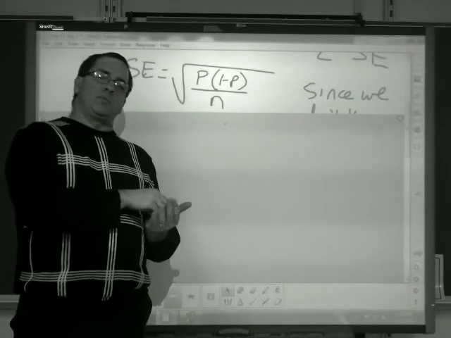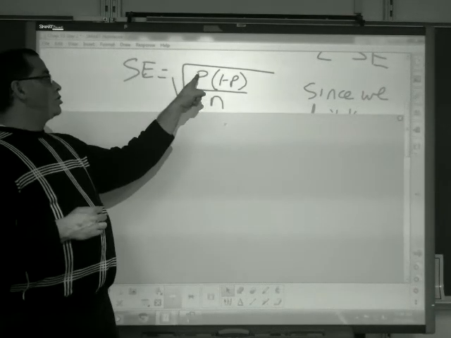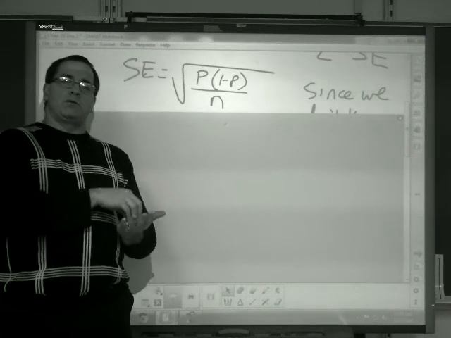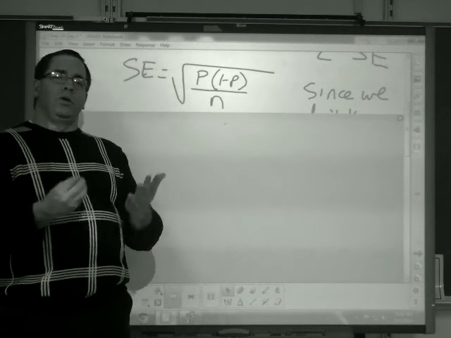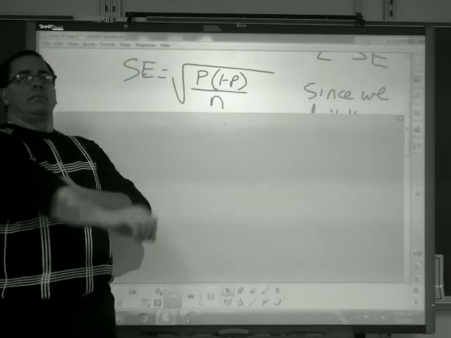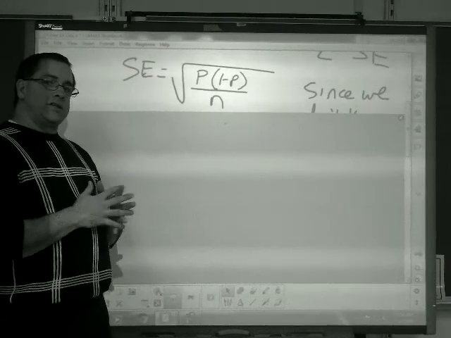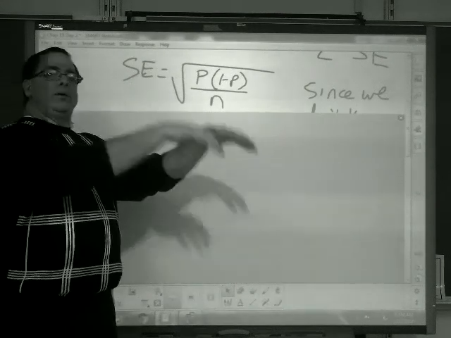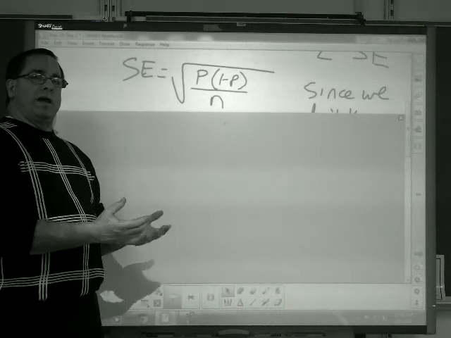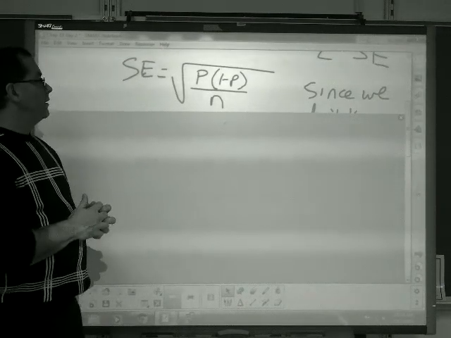When we did the penny experiment in class, we used p hat because that was the proportion we got from the pennies. We didn't know the true proportion. We couldn't use the true proportion there. Do we have p hat on this one? We don't even have that, because we haven't gone out yet to do the survey. We're trying to figure out how many people to survey.